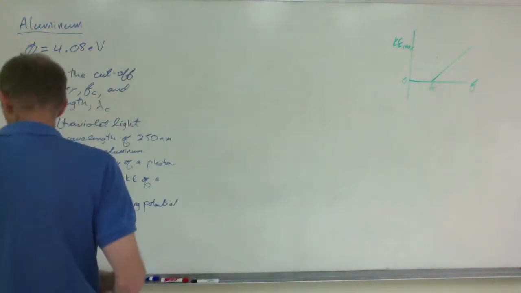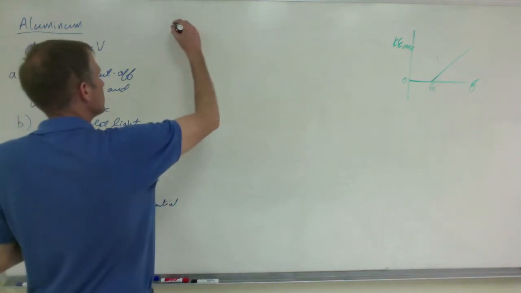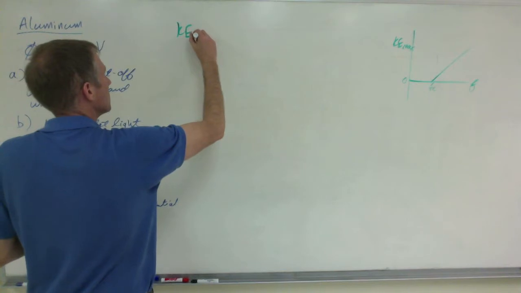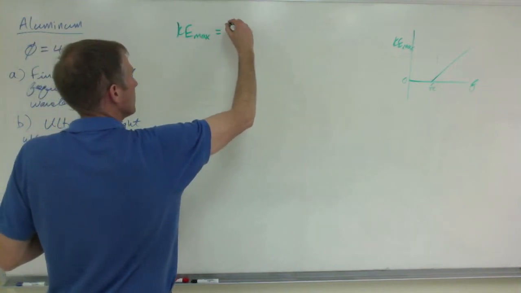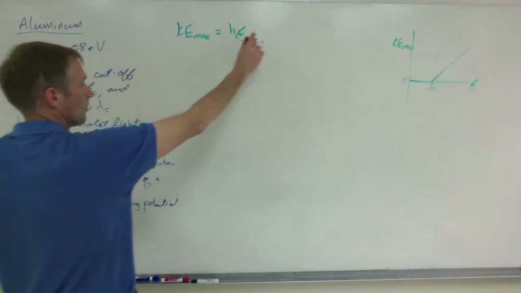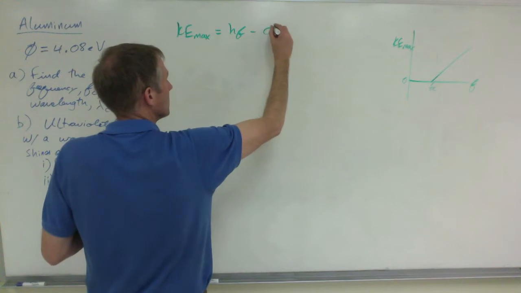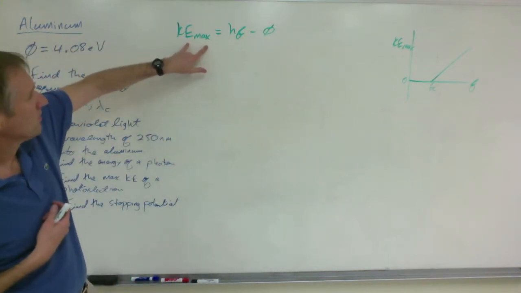Now remember that your governing equation is KE max equals the energy of the photon that's absorbed minus the work function. And the KE max is what's left over.